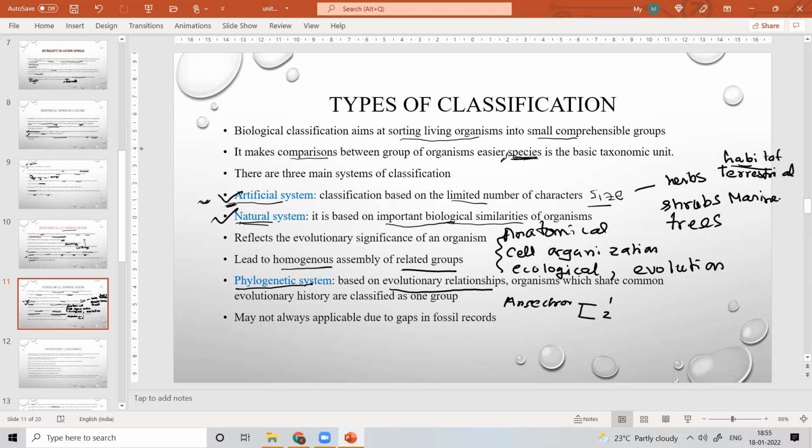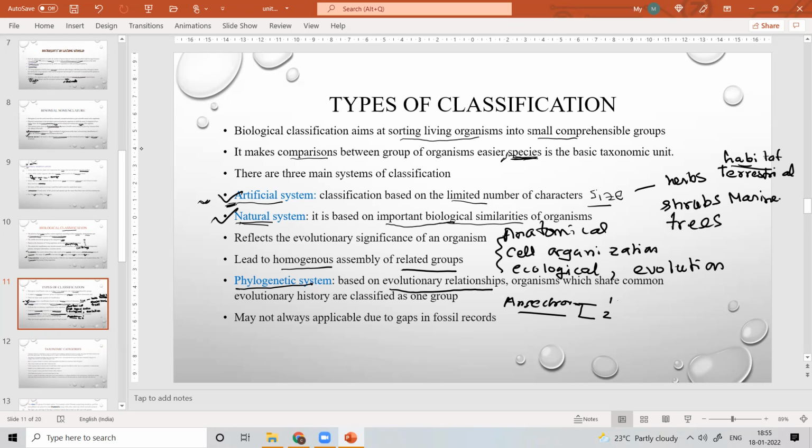They share a common ancestry and evolutionary history. Based on the evolutionary history, the organisms are classified. So that is called the phylogenetic classification.